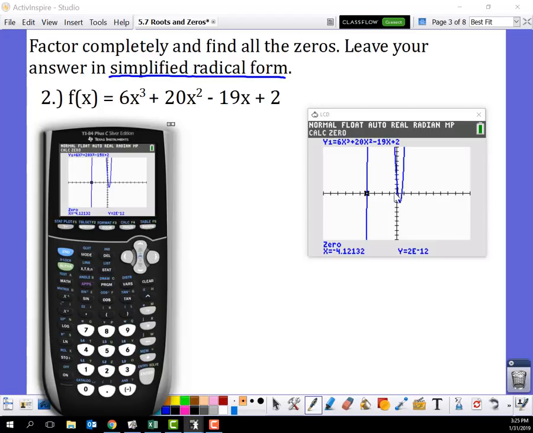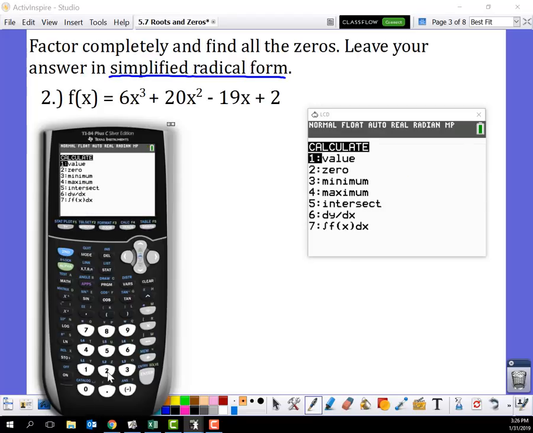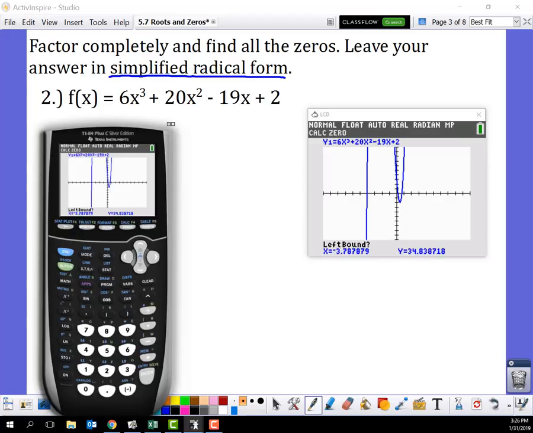Now let's move on to the next 0 over here. I'm going to go back to Second, Calc, option 2, and move our cursor over close to that next 0. Here it comes back down. There it is, that's a pretty good spot to stop. It's not precise; it doesn't have to be perfect, just so long as it's to the left of that 0.